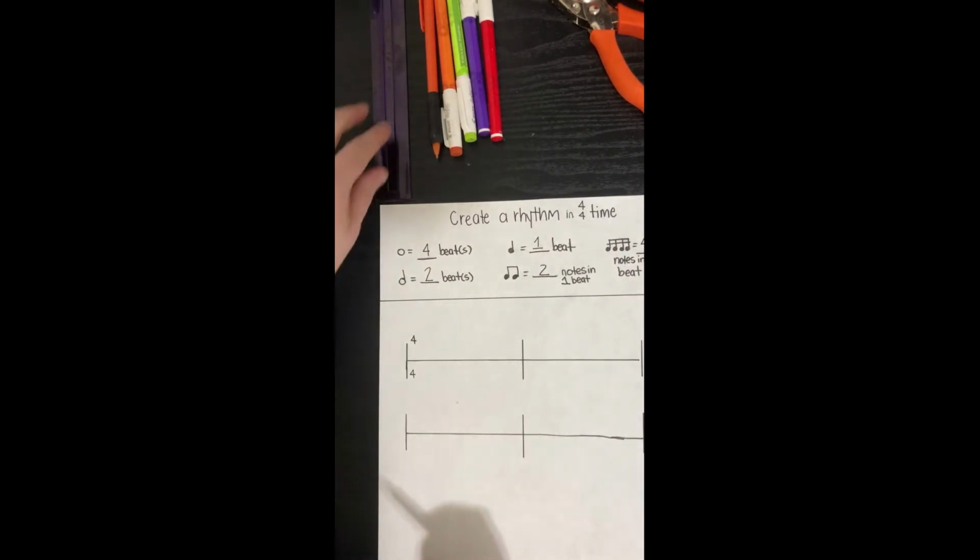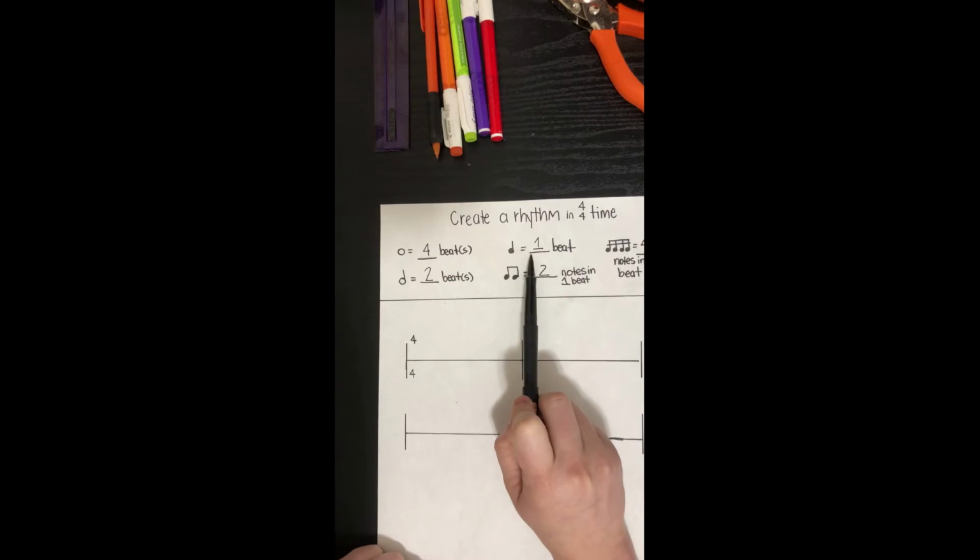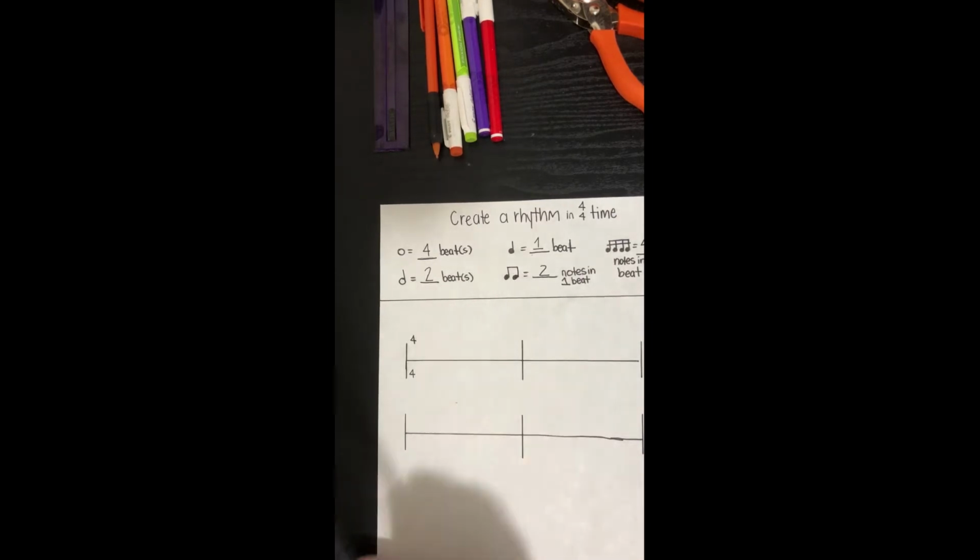This is the part where you get to be creative and decide which kind of rhythm pattern you would like to put. So for the first measure, I think I would like to use definitely some quarter notes and some 8th note pairs. So I'm going to do something like 1, 2, and 3, 4.